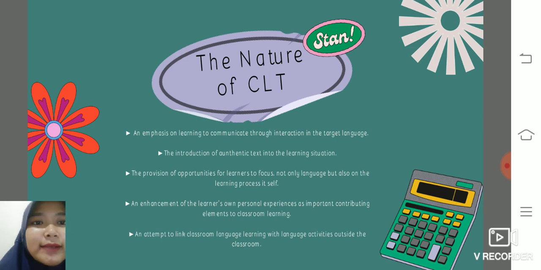An enhancement of the learner's own personal experience as important contributing elements to classroom learning. An attempt to link classroom language learning with language activities outside the classroom.